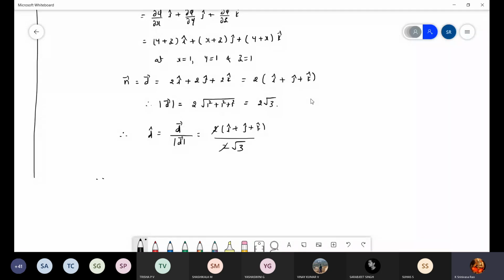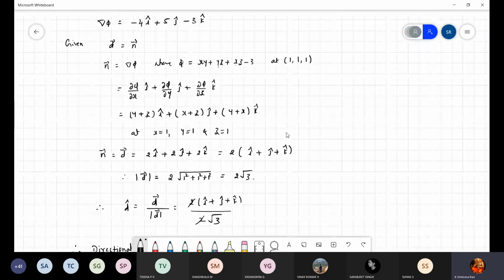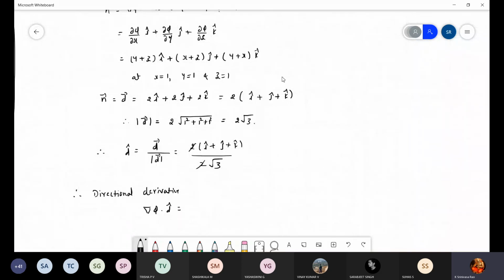So finally, the directional derivative, grad phi dot d cap, equals: grad phi is minus 4i plus 5j minus 3k, dot i plus j plus k divided by root 3.